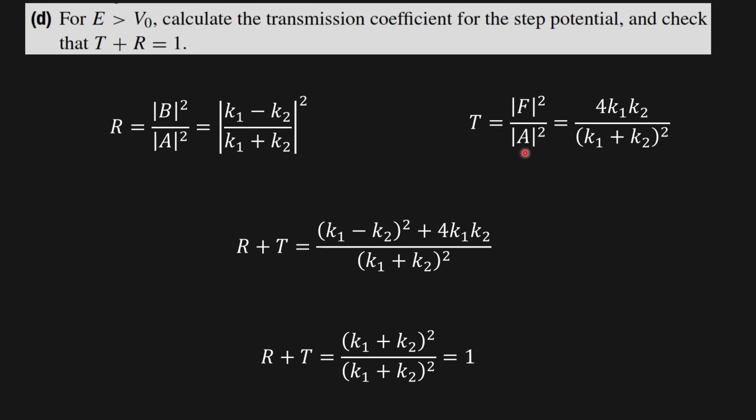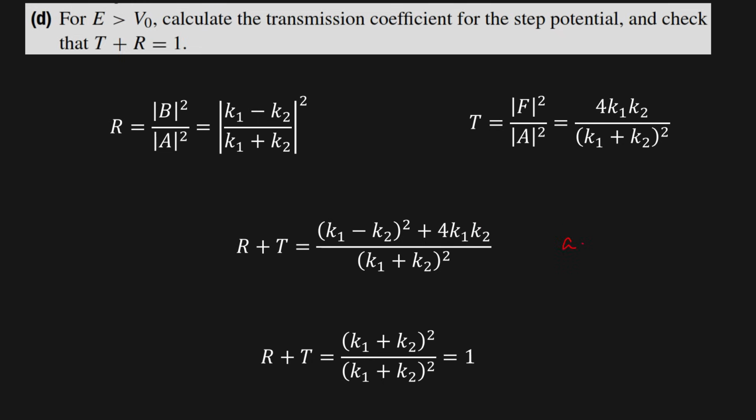Now you add these two. Then you will get K1 minus K2 whole squared plus 4 K1 K2, over K1 plus K2 whole squared. What about the numerator?